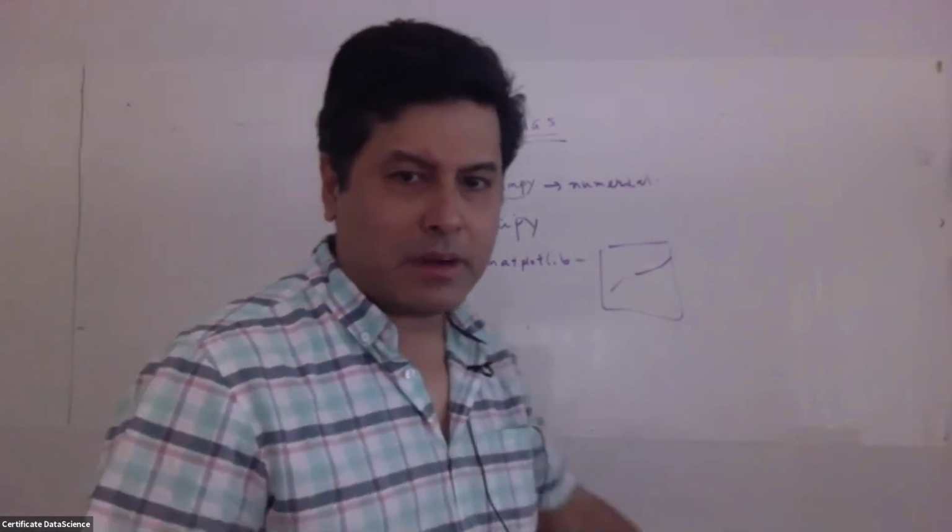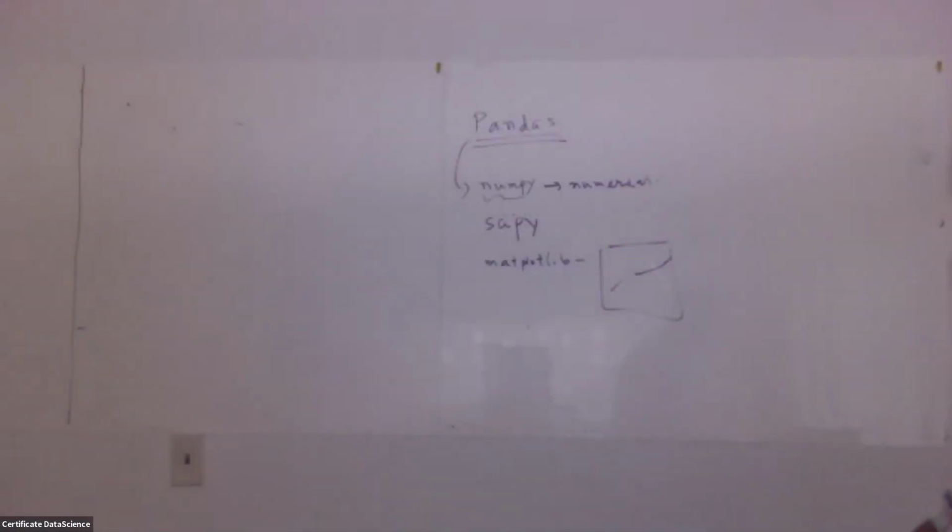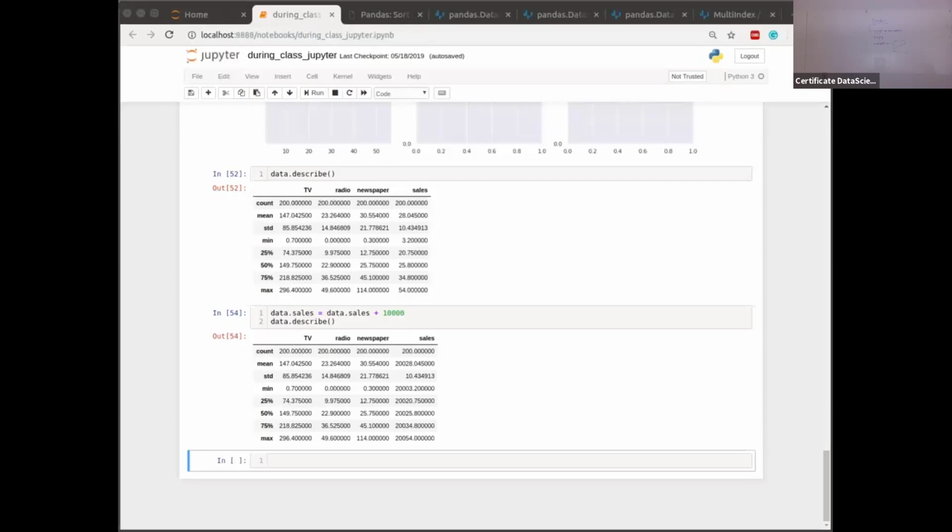Let me share my screen and go step by step. Anytime if you have a question, feel free to interrupt me and ask. So what I'm going to do is share the screen that we were working on last week.